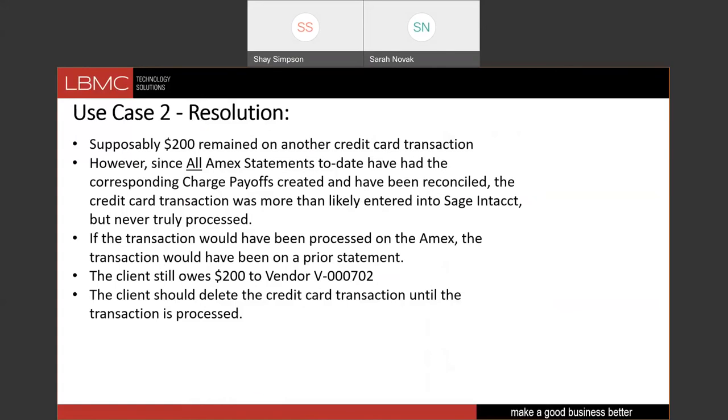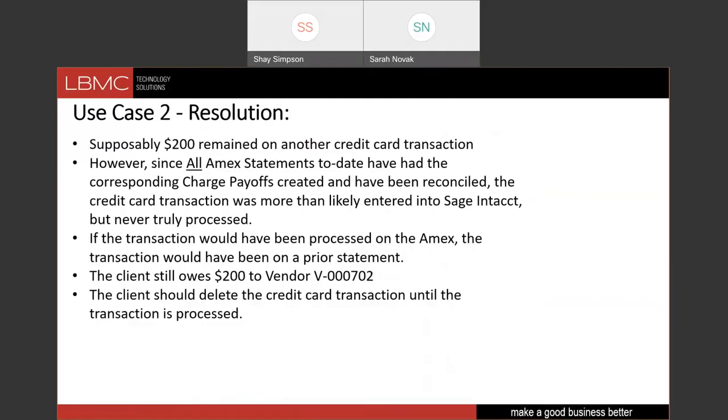Again, we didn't dig deeper into why that particular portion occurred. We just knew that someone had entered in those credit card transactions for $200, but it was never processed through American Express. So in essence, the client still owed vendor 702 $200.